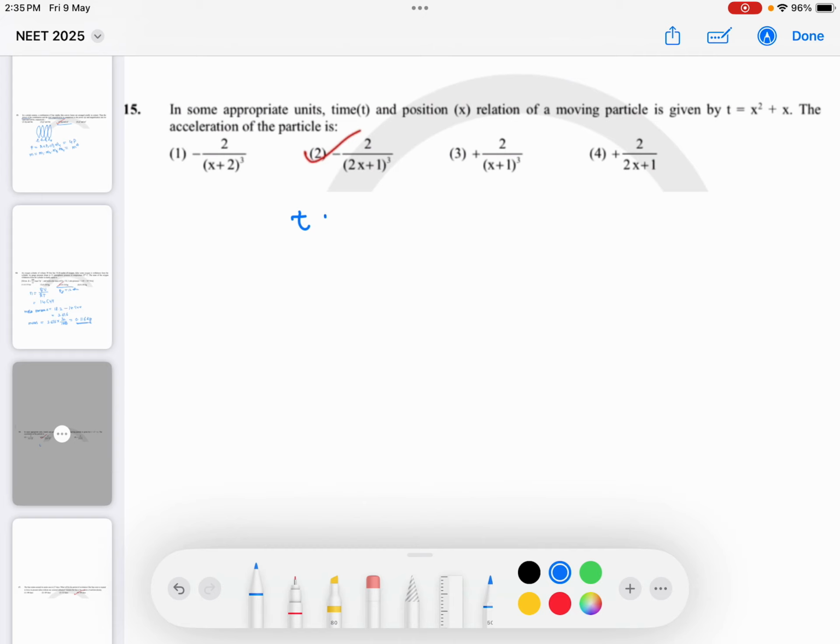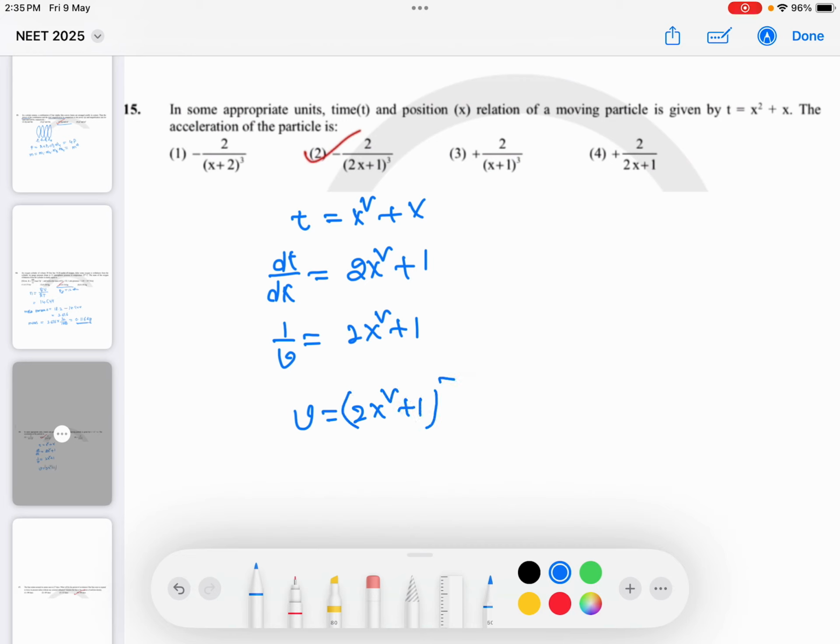Here t is equal to x square plus 1 given. Differentiate with respect to x, dt by dx is 2x square plus 1. So dt by dx means 1 by v, velocity. Then velocity value is equal to 2x square plus 1 whole inverse. They are asking acceleration.